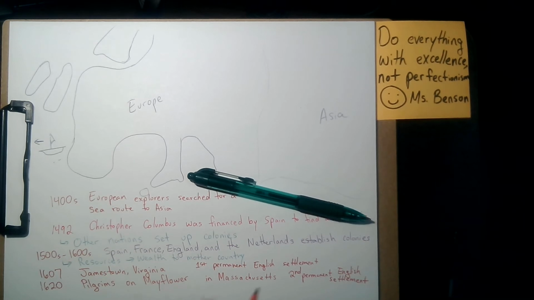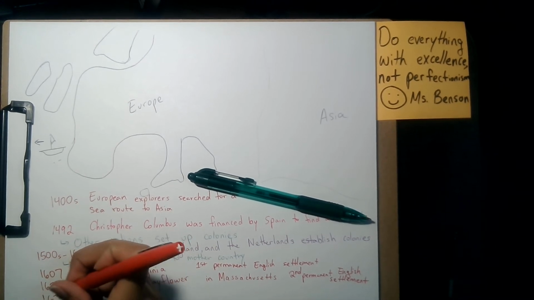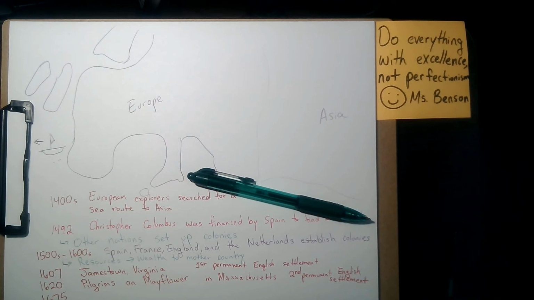Now, fast forward to 1967. I'm sorry, not 1967, 1675. This is where there is a bit of a grim past. The colonies began to import a large number of slaves that had been captured in Africa and sold into slavery.